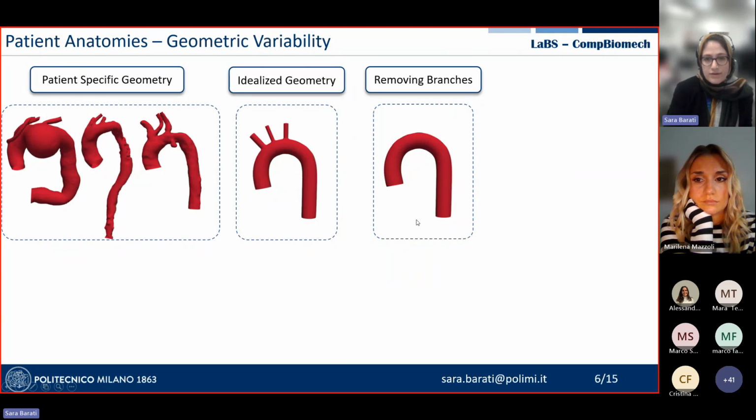And then we ran the simulation, and we saw that the presence of the supraannular branches doesn't have that much effect on the final configuration of the stent graft, except for the places where a little bit of the stent graft ring peeks into the branches. So what we considered next was using the ideal geometry with the holes in it.